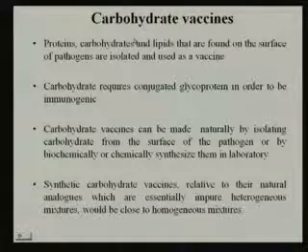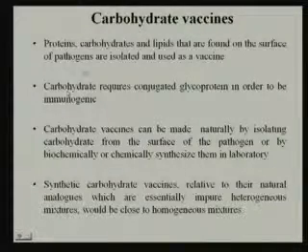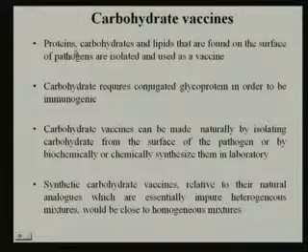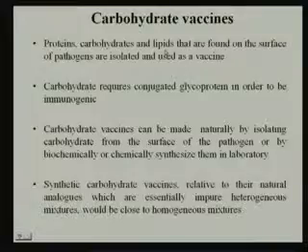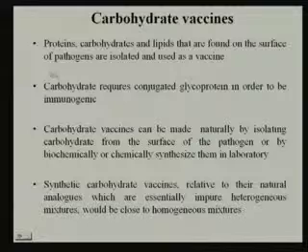Now, when we are talking about carbohydrate as a vaccine, protein, carbohydrate and lipid, as I have mentioned, are the three macromolecules which are found on the cell surface of the pathogens too, and are isolated and used as a vaccine.